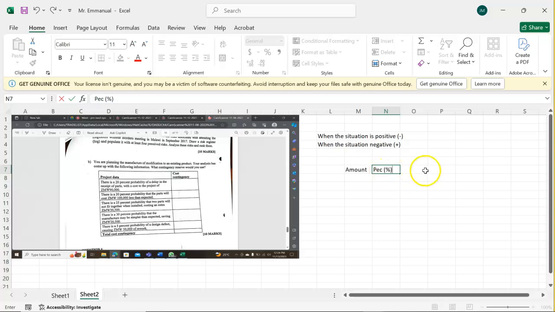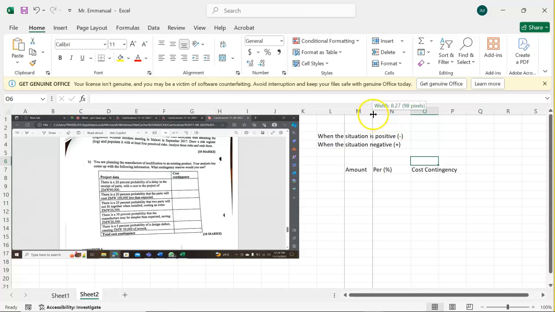Then here I'll put the contingency reserve, or cost contingency reserve. So I have those three columns here.